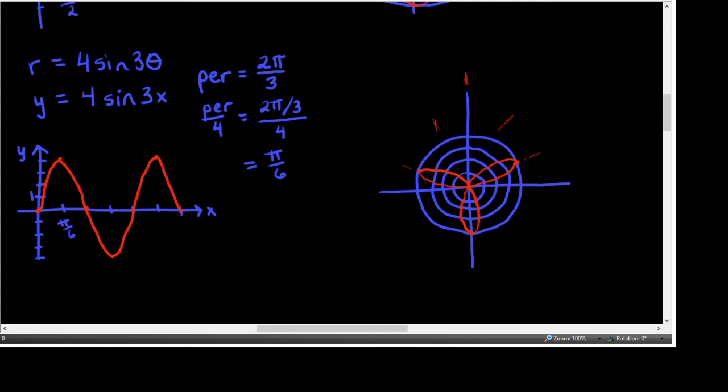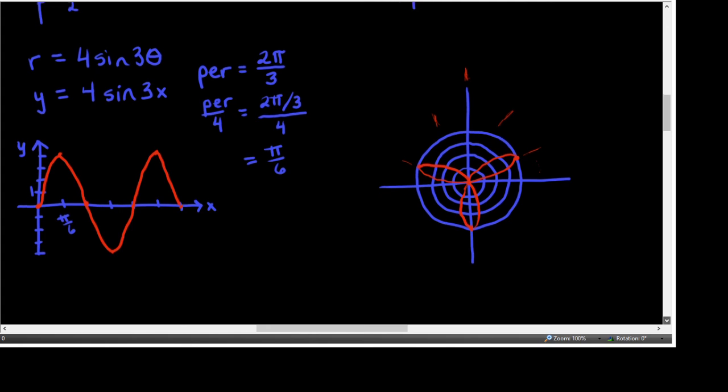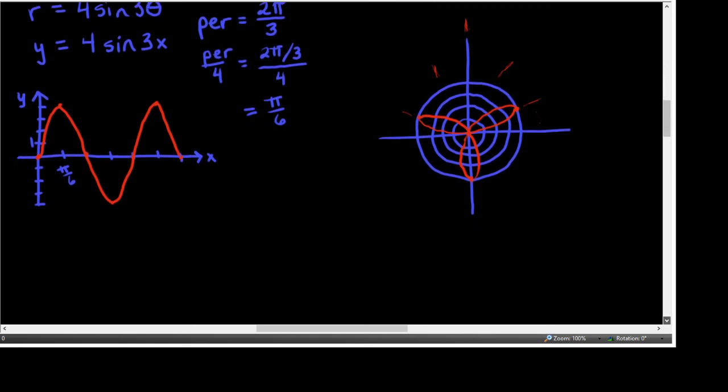Now, on a test or something, I would provide you with a grid. And so knowing exactly where pi over 6 and 5 pi over 6 are will be easy. You'll be able to see those as actual radial lines on the grid. So please pardon the imperfect nature of this graph, and we'll just move on from there.